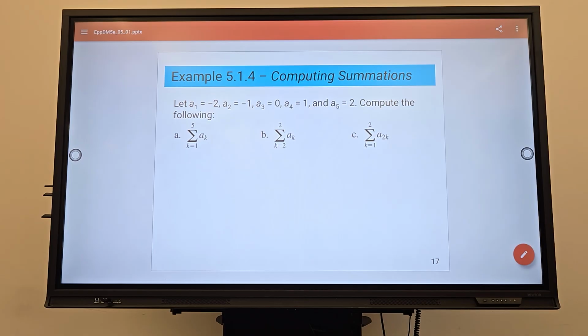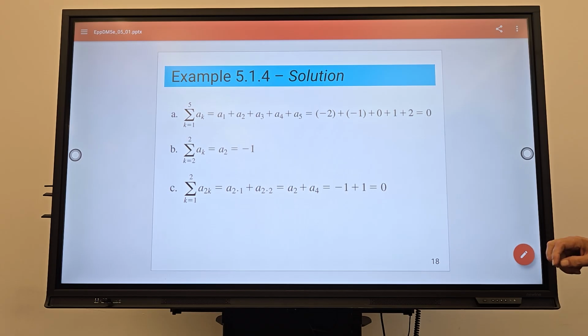From 2 to 2, the summation of a sub k would be just the value of a sub 2, which is minus 1. So there you go.